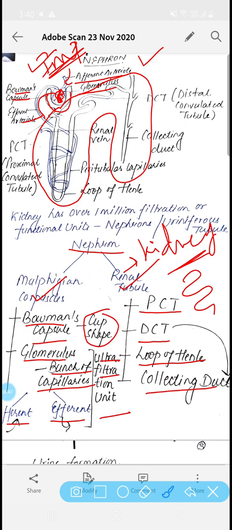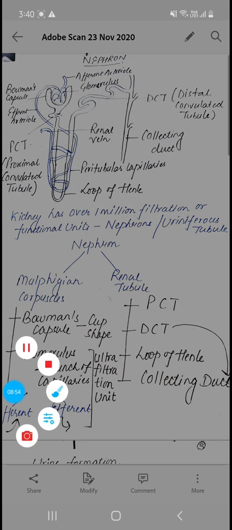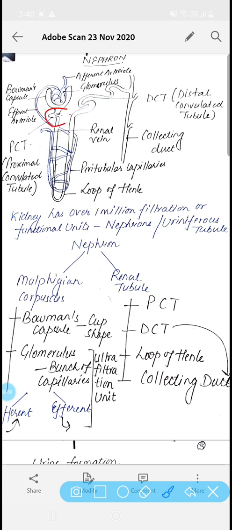The renal part is divided into the proximal convoluted tubule. The meaning of proximal is the starting part. So the starting zigzag portion is called the proximal convoluted tubule. I have drawn only one convolution here, but there can be many such convolutions. Then comes the thinner part, a hairpin-like structure called the loop of Henle.